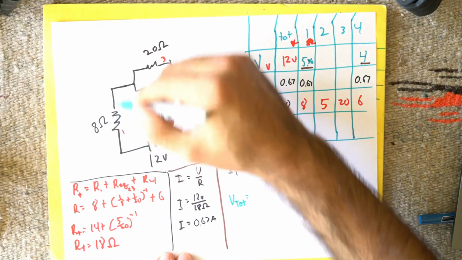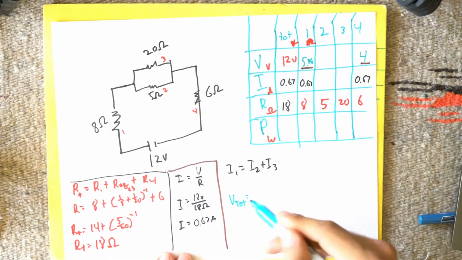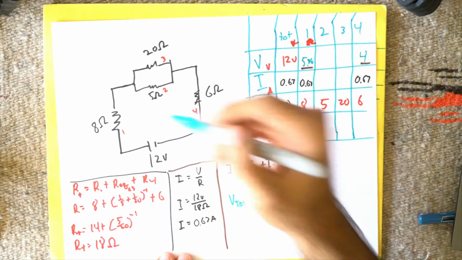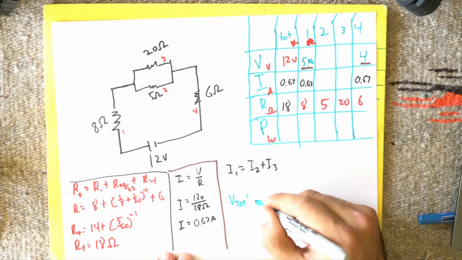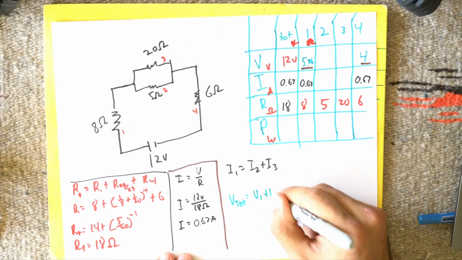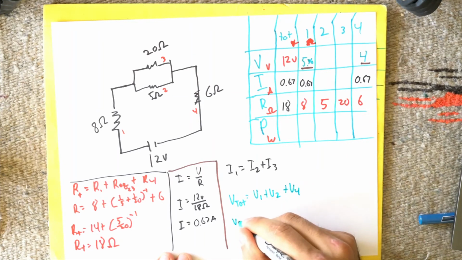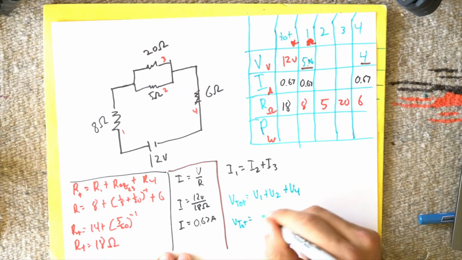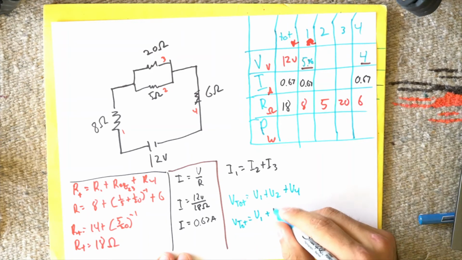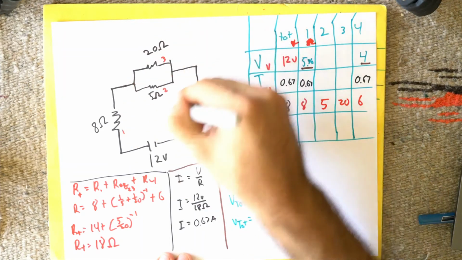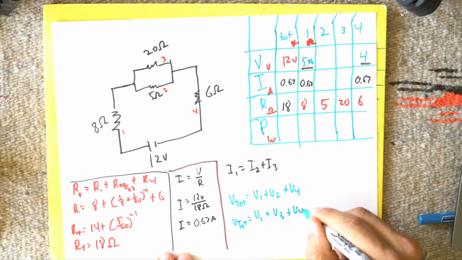If I go through this path up here, that would be V total equals V1 plus V3 plus V4. So let's write both of them down. Plus V3, because we're going up this way, plus V4.